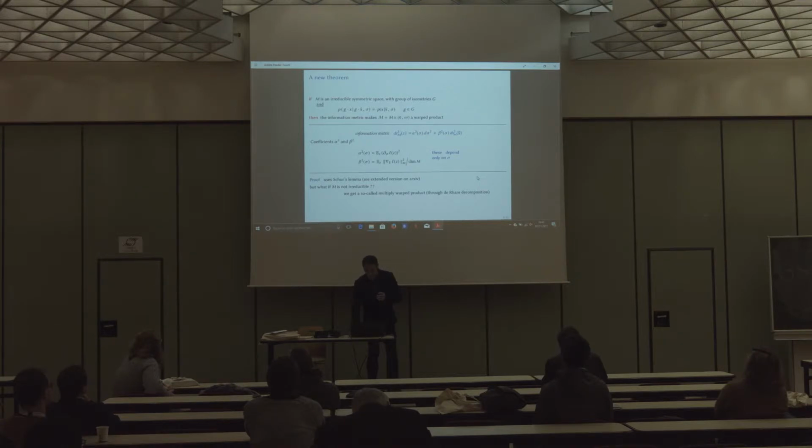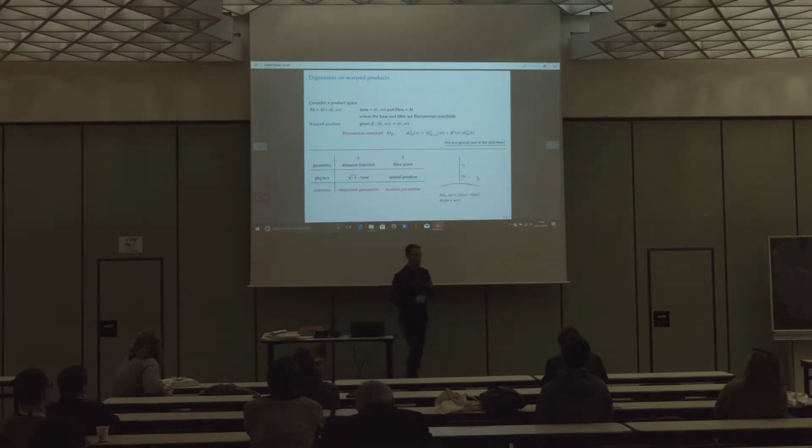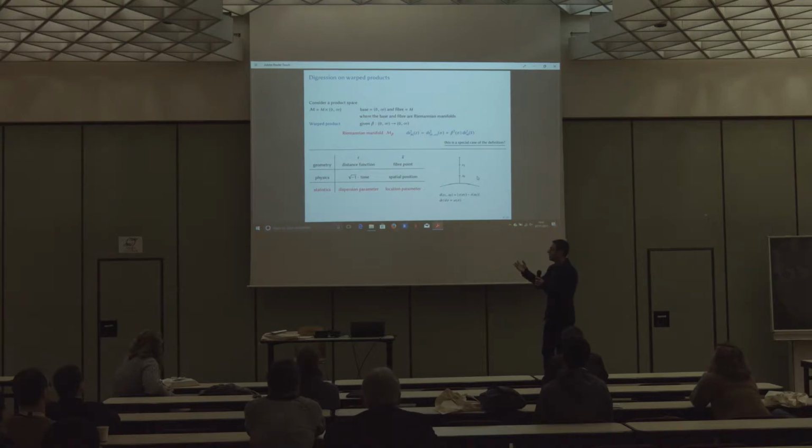Having established this, I would like to digress a little bit and mention some general properties of warped metrics in order to then apply them to a specific example. So to begin with the definition, we are looking at a space that is a product space, just a Cartesian product. The half-line (0, infinity) is called the base. The manifold M is called the fiber. Each one of these two has its own Riemannian metric.